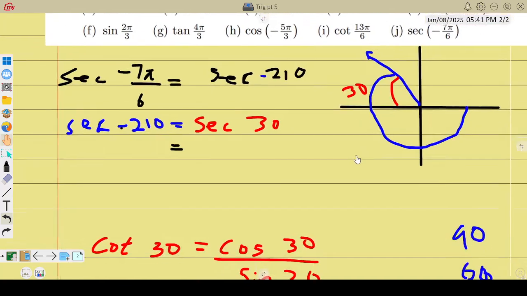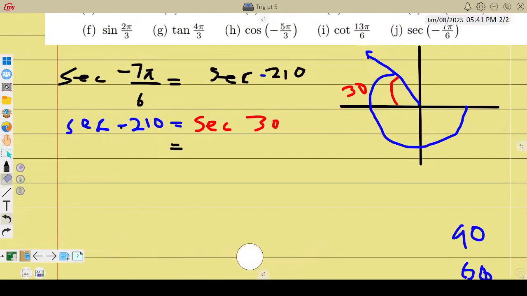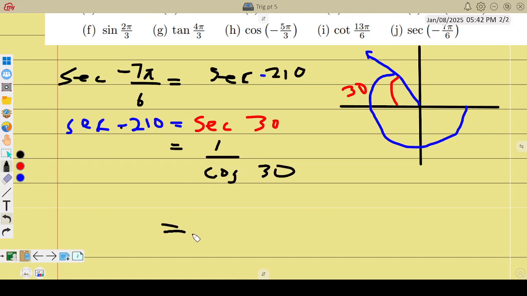So how do you find the exact value of secant 30? Sec is just a short form. Sec 30 is 1 over cos 30. I think from here it's even boring, you can pick it up from there.